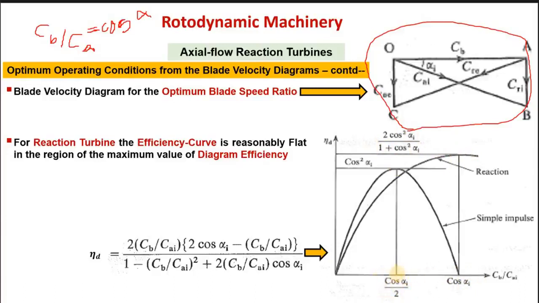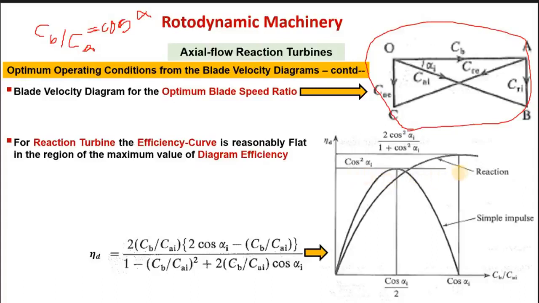It was at a lower value of CB over CAI, and also the maximum value is smaller than the maximum value in case of reaction turbine, right? So based on this we can say that reaction turbines are more efficient compared to impulse turbine, right?